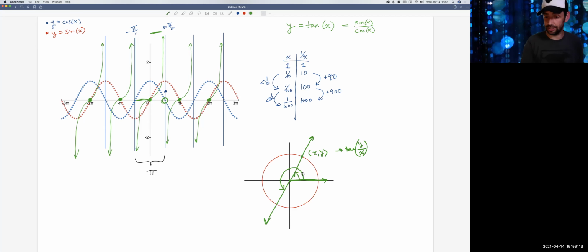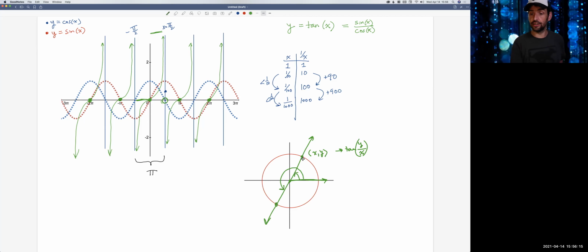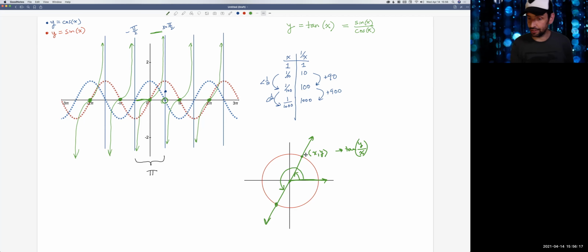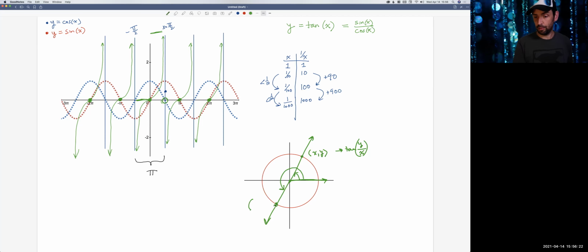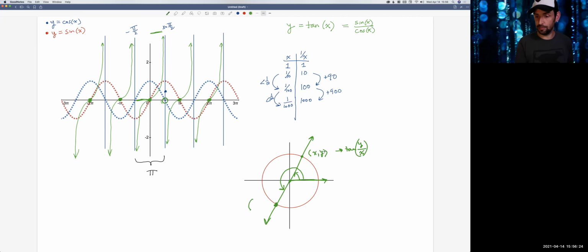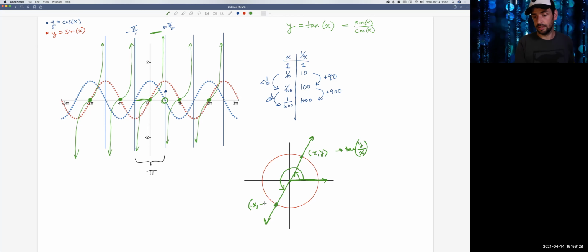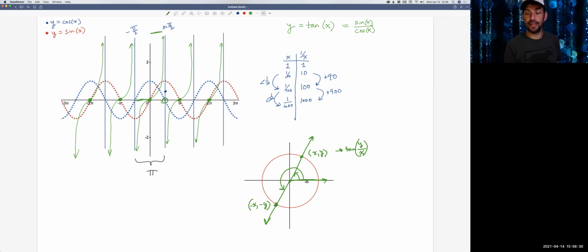So this new angle I've drawn that goes all the way around down to here, the symmetry of this situation, I think is easy enough to see that this point down here is going to have the same coordinates as our original point, except now they're both negative.